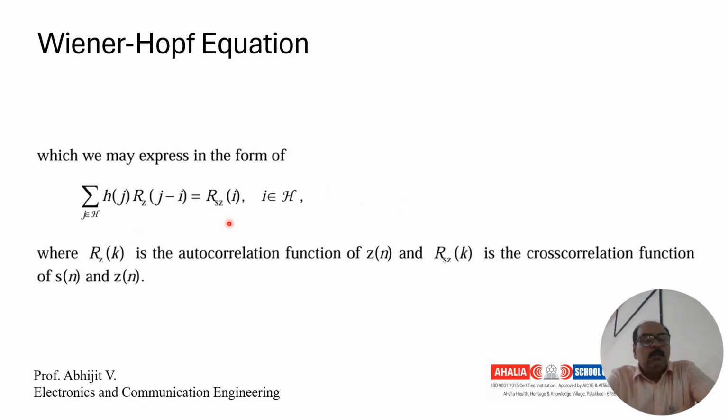So here R of K is the autocorrelation function, and RS stands for the cross correlation between the signal and the noise.